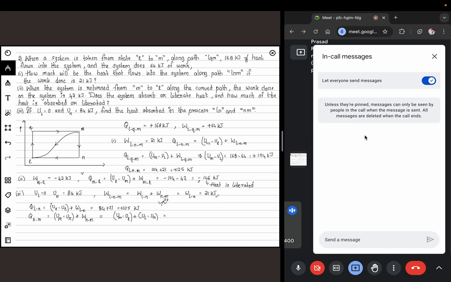UM minus UL we have as plus 168 and UL minus UN we have as minus 84. Thus we have the final value of heat transfer along the paths L to N and N to M.